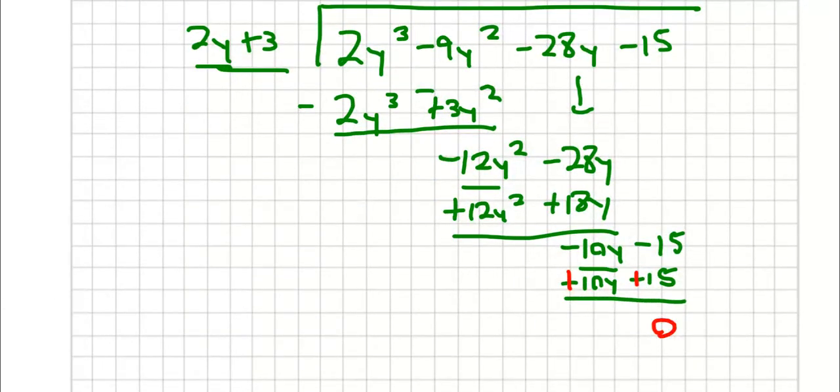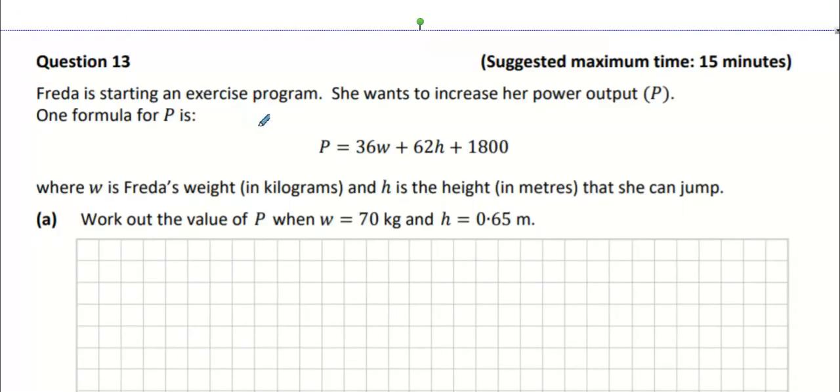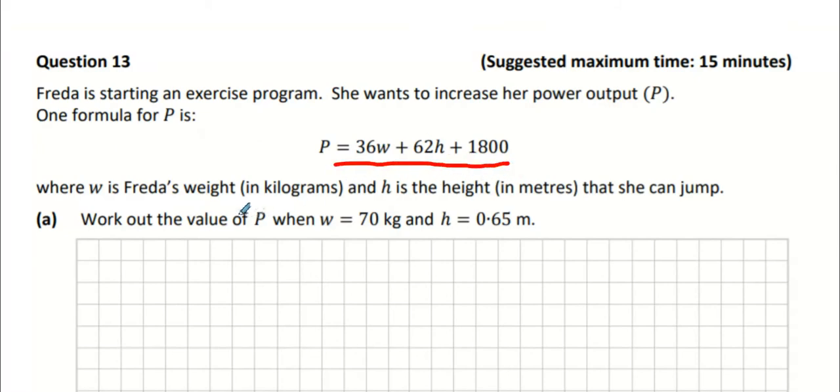Okay, done. Next one. Freda is starting an exercise program. She wants to increase her power. The formula for power is this, where Freda's weight is in kilograms and height is in meters, the height that she can jump. Work out her p-value.